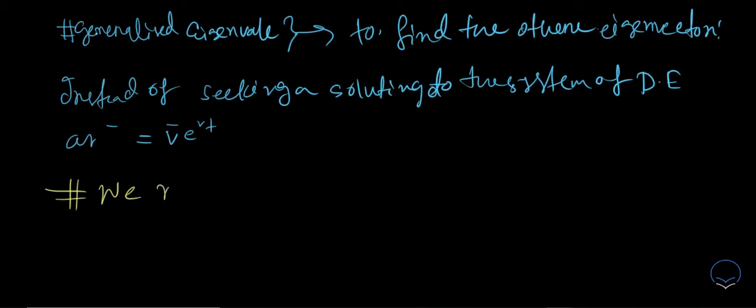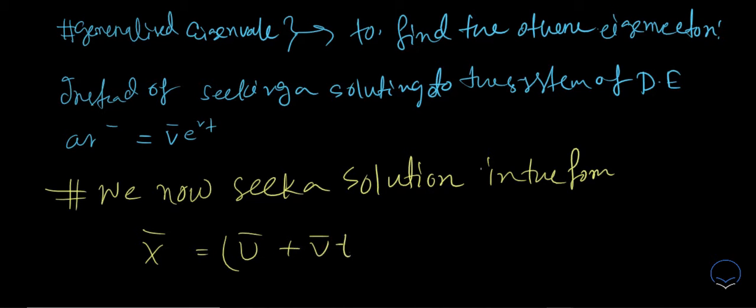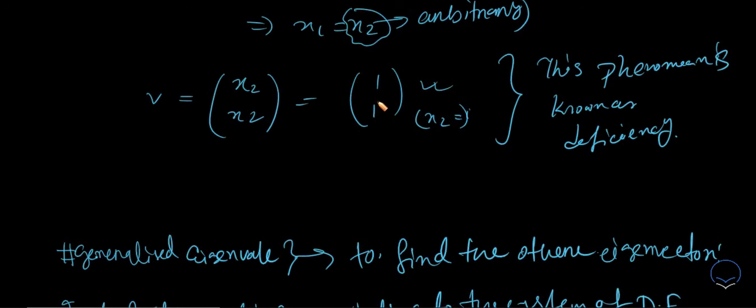So we now seek a solution in the form x bar, that means the vector, it's a column vector, u bar plus v bar t e to the power rt, where r is the repeated eigenvalue, u bar is a constant column vector, and v bar is the solution that we already found.